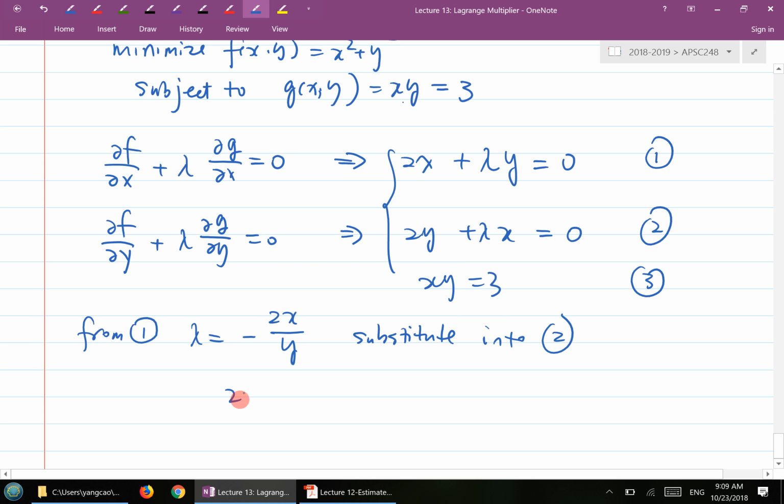So that gives us 2y minus 2x over y times x equal to 0. And to simplify this, you can multiply by the y here. So there's 2x squared, 2y squared. So overall you get x squared equal to y squared.